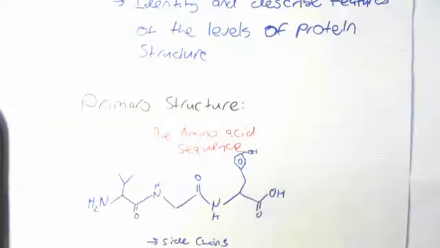Obviously, the side chains are the variable regions between the amino acids, and while the main chain has a lot to do with secondary and tertiary structure, as we'll look at next, it's the side chains that are involved in most of the binding and catalytic activity of proteins, and also involved heavily in determining tertiary and quaternary structure, which we'll look at now.